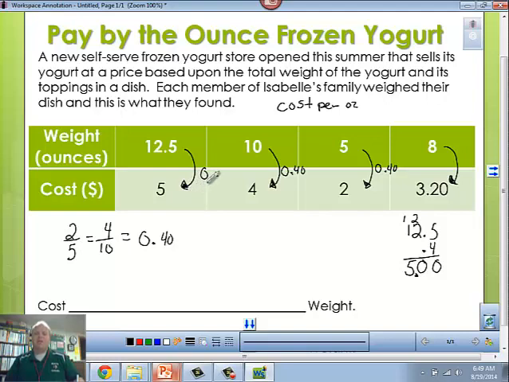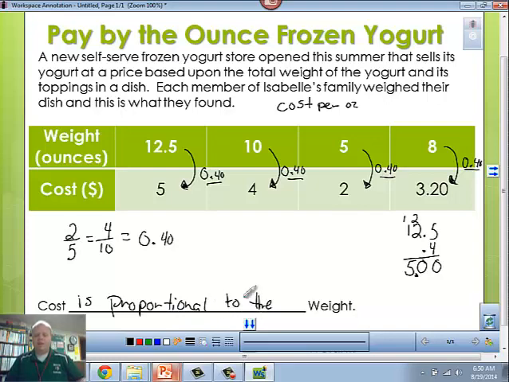And if I do the same thing to 8, I'm going to get $3.20. Since I'm doing the exact same thing to every single weight, multiplying, I can say the cost is proportional to the weight.